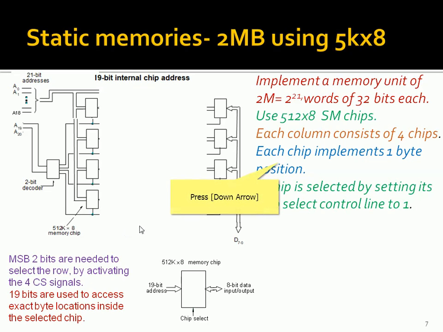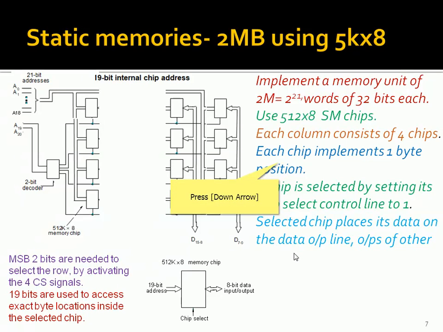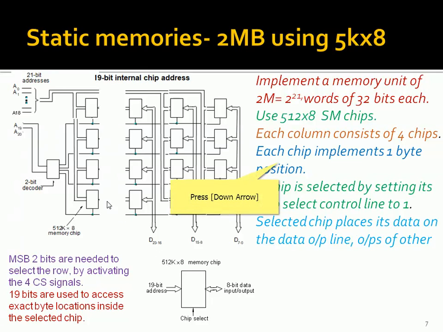A chip is selected by setting its chip select control line to 1, right? The selected chip places its data on the data output line, and the outputs of the others are disabled. So there is a second byte coming of the 32 bit total length. First byte, second byte, third byte, and fourth byte will be there, right?